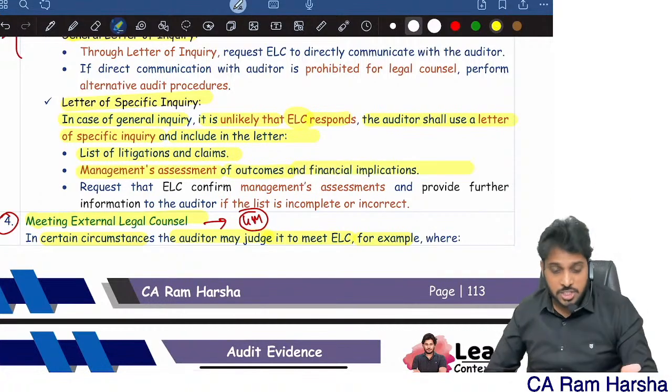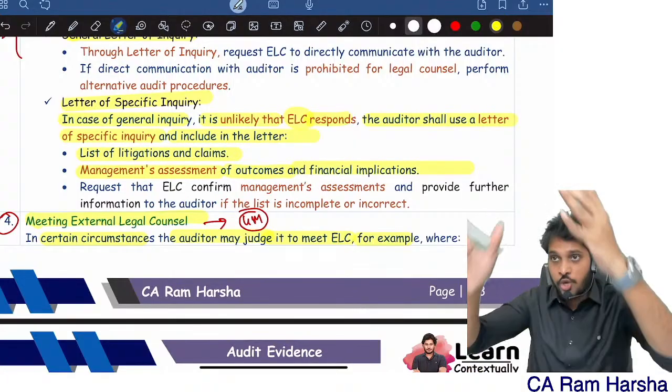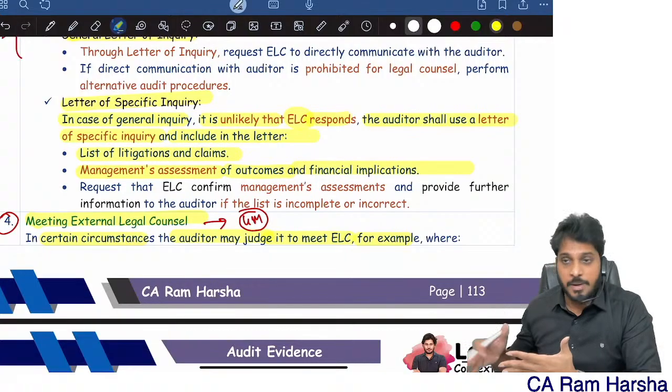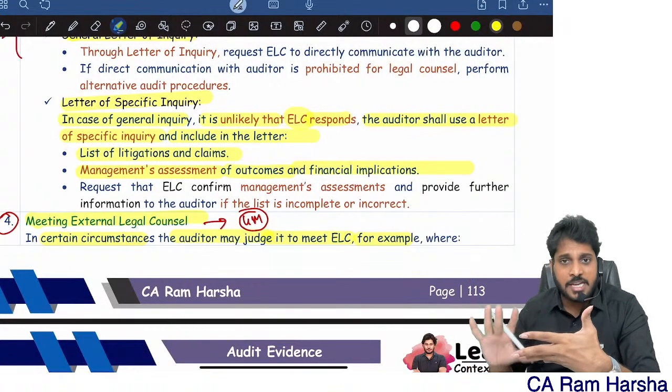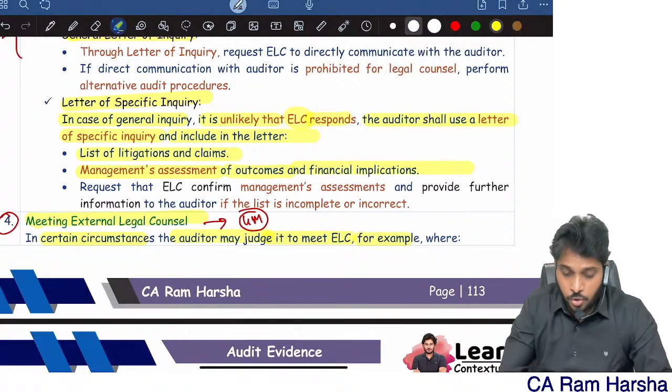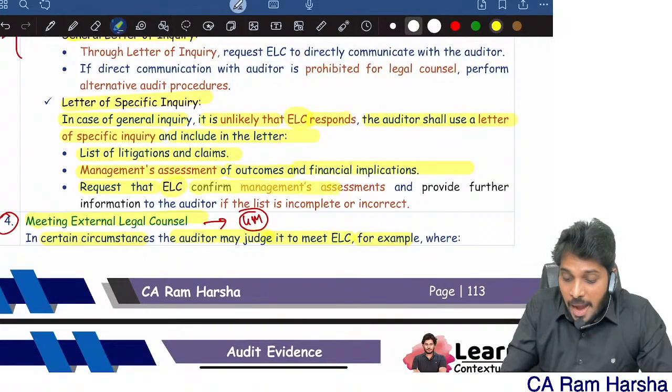Sir, this is the list of litigations which management told me that you are dealing with. Dear Mr. Lawyer, you are dealing with 10 cases for this company. This is what management told me, 10 cases. 5 cases they said contingency in nature, 5 cases provision is what they mentioned. So request the lawyer to confirm management's assessment.